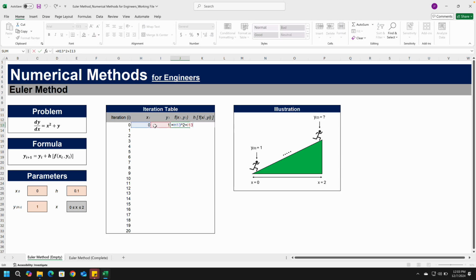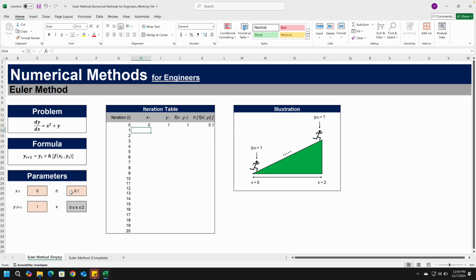What we're doing here is basically just replacing the x and y values with our x and y values. And here, h times f of xi and yi is simply just the step size, which you should dollar sign, multiplied by the evaluation previously, like this.